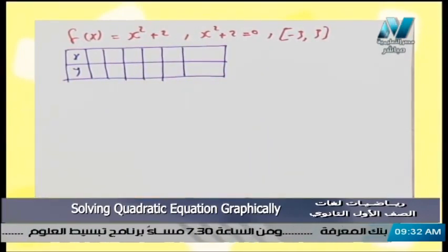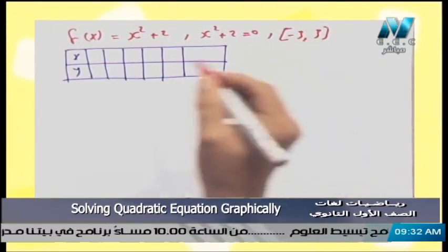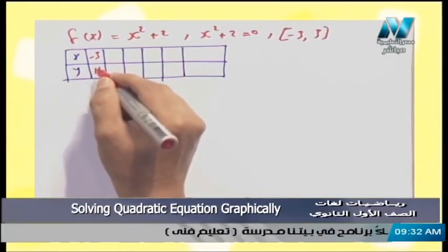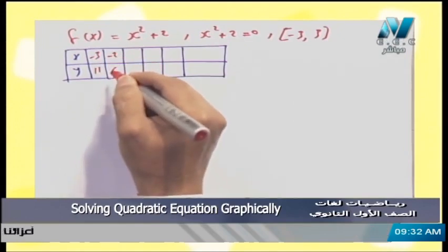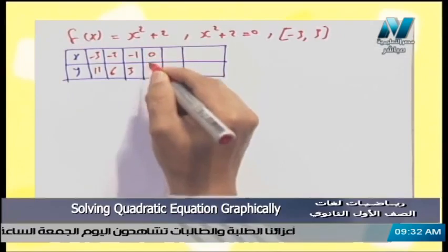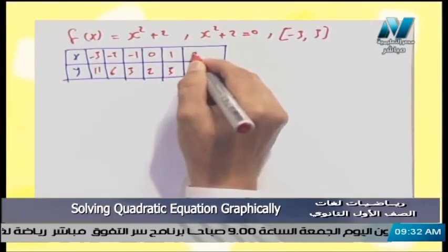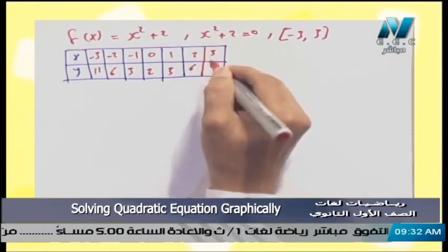Here we will start with negative 3. At negative 3 you will find y equals 11, negative 2 gives 6, negative 1 gives 3, 0 gives 2, 1 gives 3, 2 gives 6, and finally 3 gives 11.